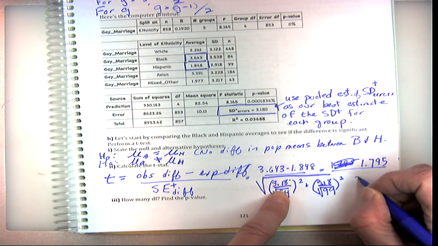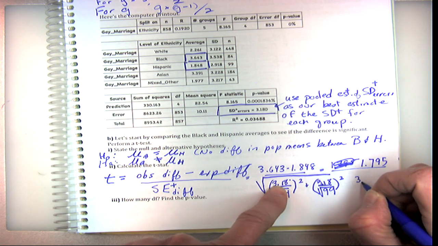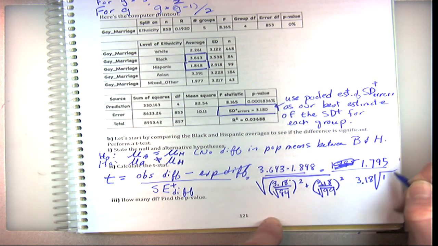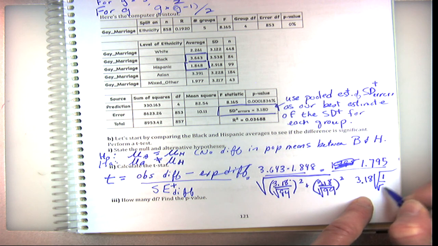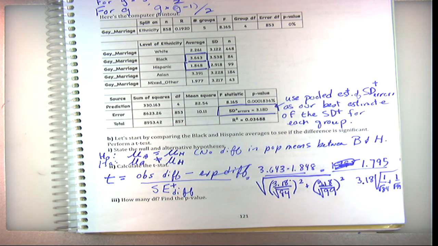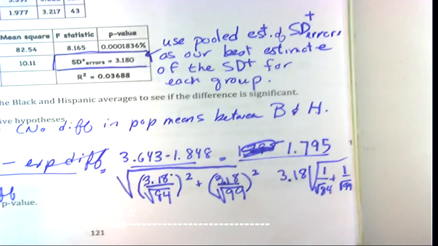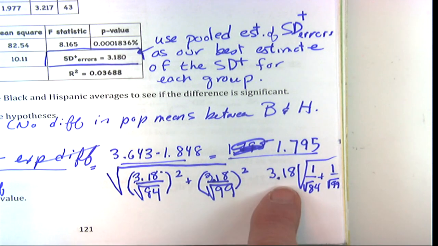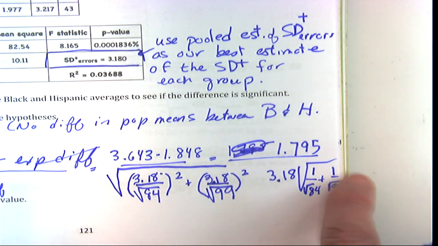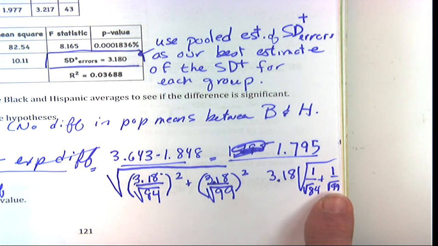Rather than squaring it and then square rooting it, I have 3.18 times the square root of 1 over 84 plus 1 over 99. That's very hard to see. So it's 3.18 times the square root of 1 over 84 plus, I just pulled that out, 1 over 99. All right? That's what that is.